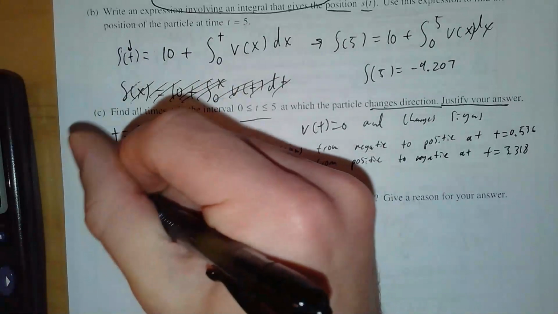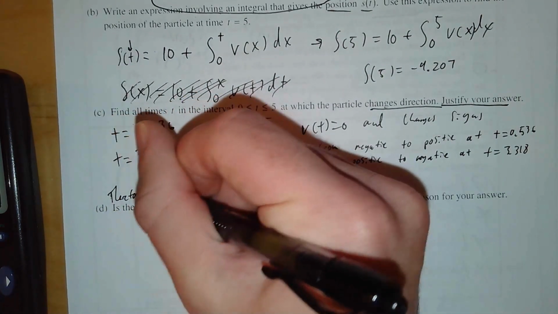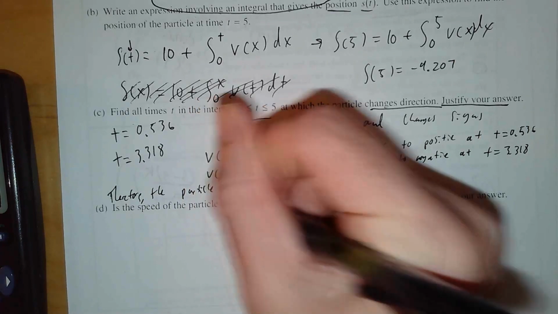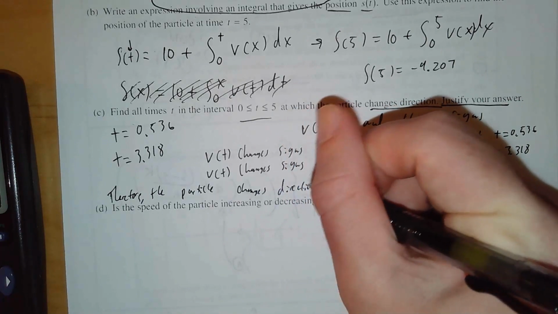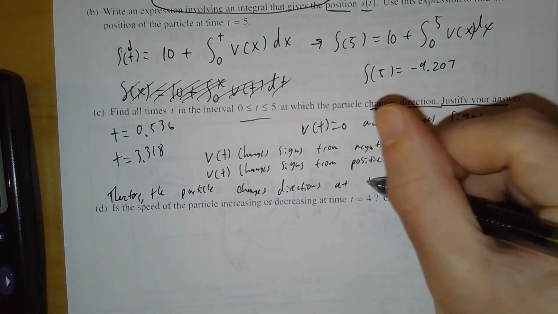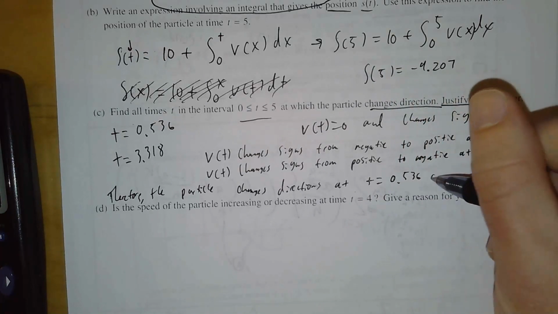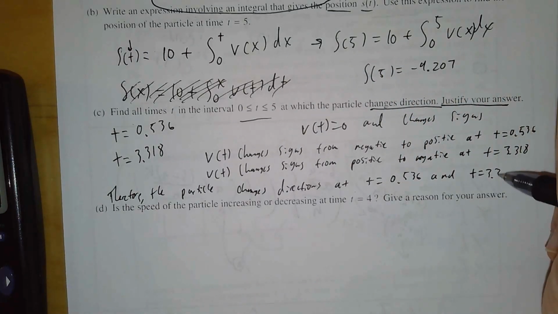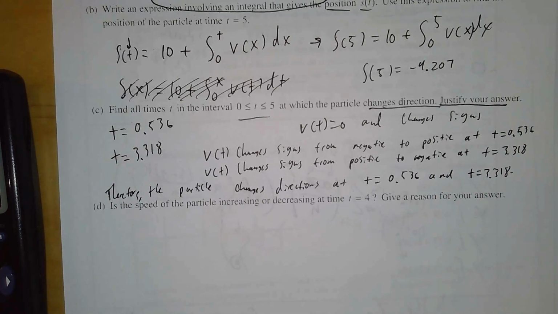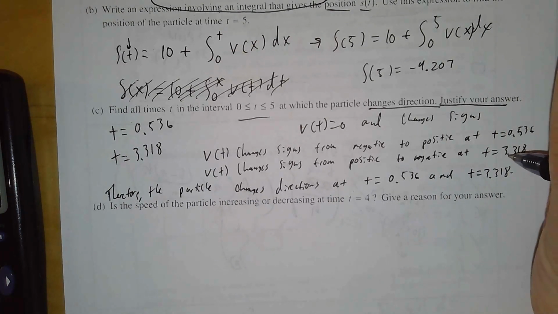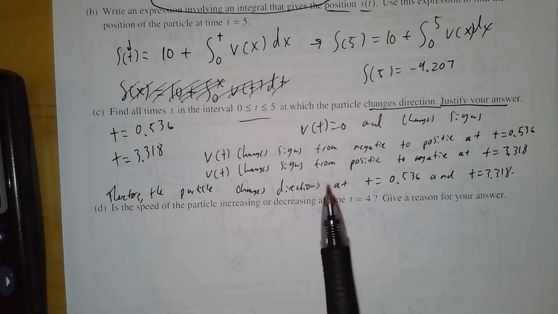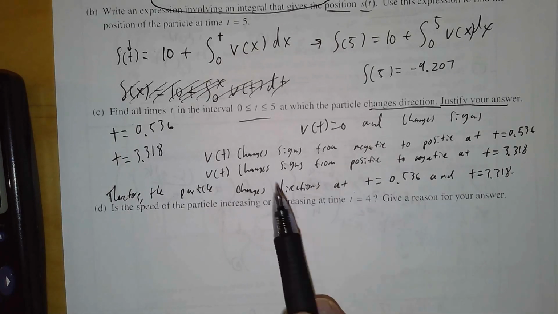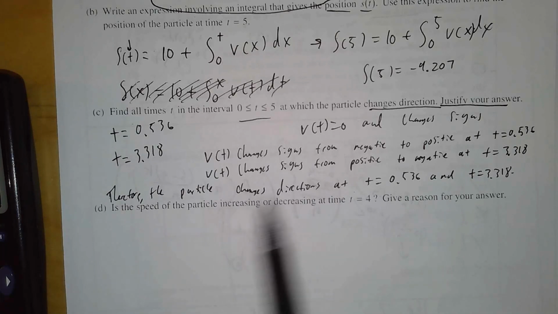Therefore, the particle changes directions at t equals 0.536 and t equals 3.318. Does it have to be written exactly like this? No, it does not. As long as you're communicating to me that it's changing signs at the point, equaling 0 and changing signs at these points, and that's why it changes directions, right? So make sure you're saying that.